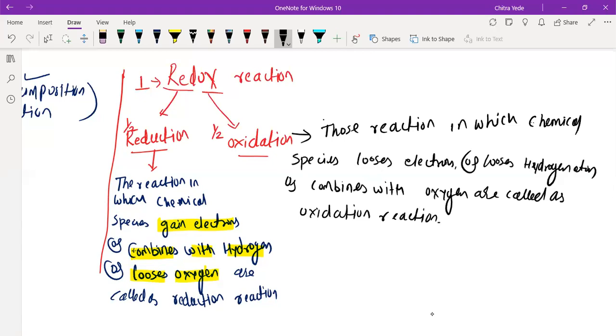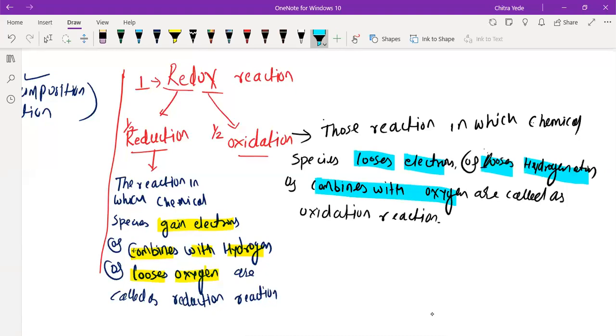I'm going to highlight the important points again. Those reactions in which a species loses electrons, the first condition, or loses hydrogen, or gets separated from hydrogen atoms, or combines with oxygen.